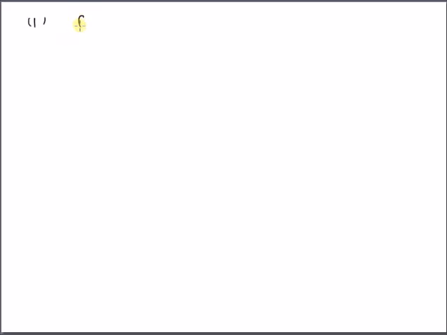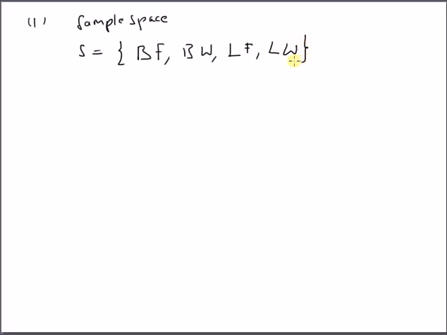So the sample space consists of 4 possible outcomes. That is, the computer code is either long and fast, it could be long and slow, it could be very short and takes very little time, and also it could be very short but takes very long time for execution.